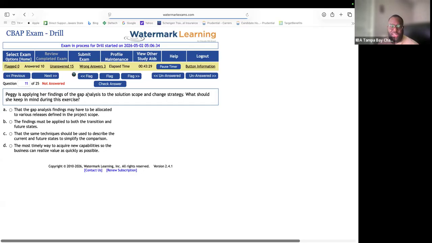This question is strictly focusing on gap analysis and change strategy, actually. So, what is the more critical thing she should keep in mind while conducting a gap analysis?